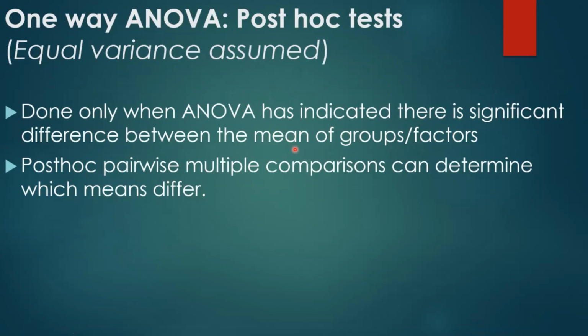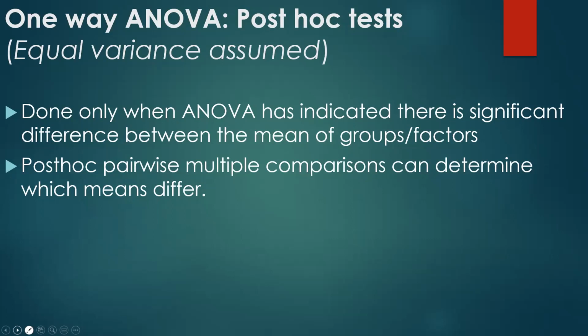So if we see that there's a significant difference, then we do pairwise comparison to see which two groups actually differ from one another, or which two groups do not differ. You see, you can have 4 groups, but only 3 do not differ. But overall, it's going to tell you that there's a significant difference. But meanwhile, there may be some 2 that are not significantly different.